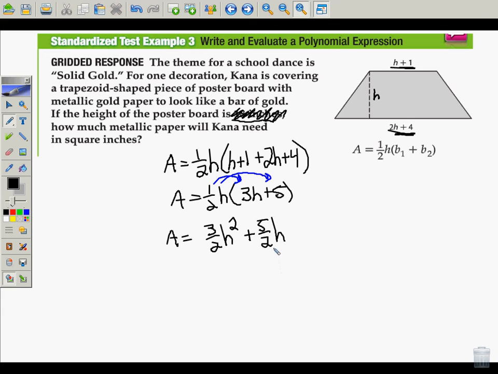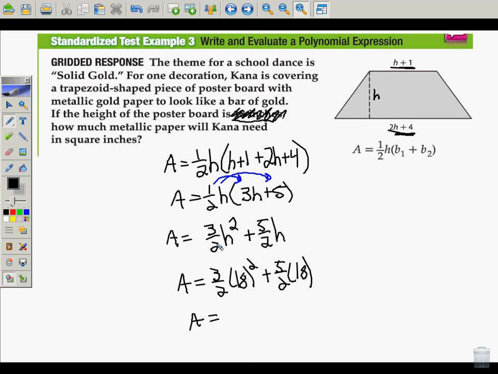If you wanted to actually plug in a value for this, you would get area equals 3/2 times 18 squared plus 5/2 times 18. And then you could actually go through and do this. You would get area equals 3/2 times 18 squared. 18 squared is 324.